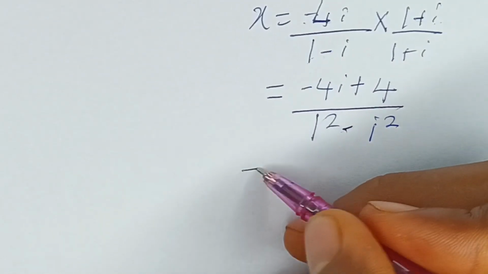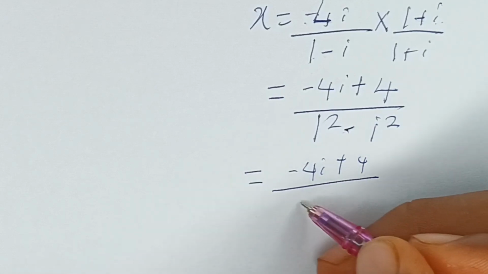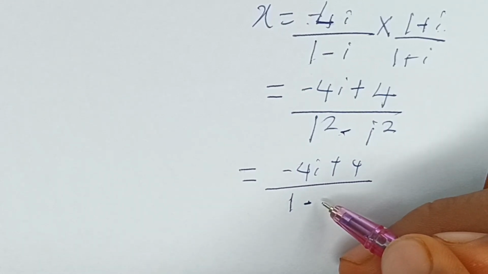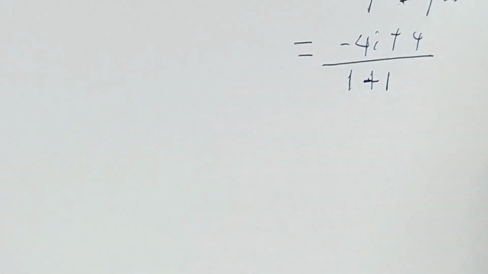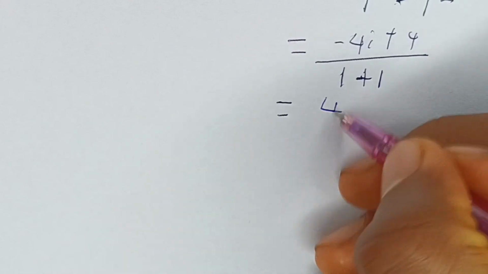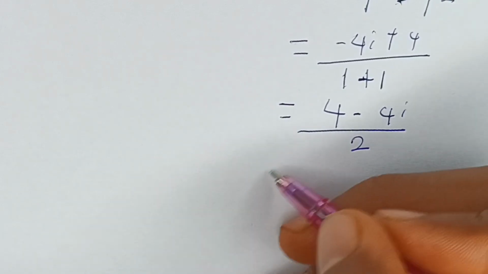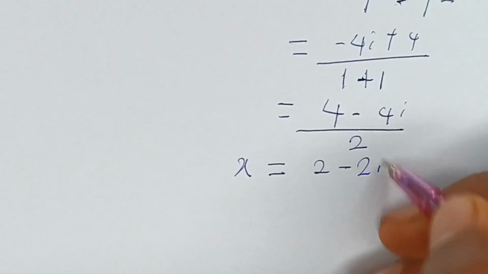This is equal to minus 4i plus 4 all over 1 minus i squared, which is minus 1, so this is 1 plus 1. And this becomes equal to (4 − 4i) all over 2. Hence x is equal to 2 − 2i.